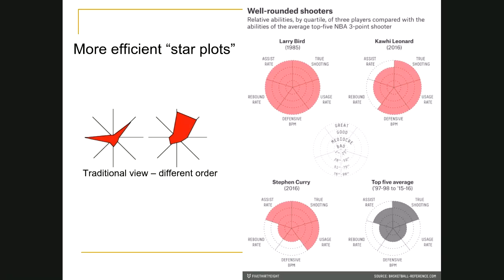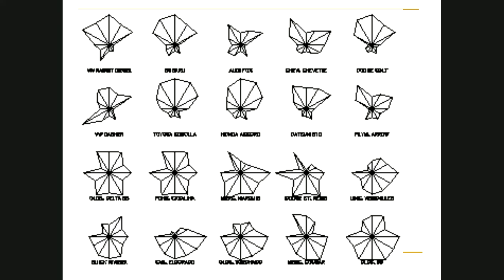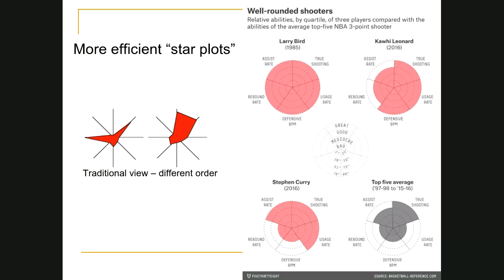Another thing is that these star plots tend to waste space. Let's go back to this one. There's a lot of white space that is not being used here, and a lot of white space in the middle that has no meaning. In other words, my point is only one point on the axis, and then depending on where the next point is, let me change it.